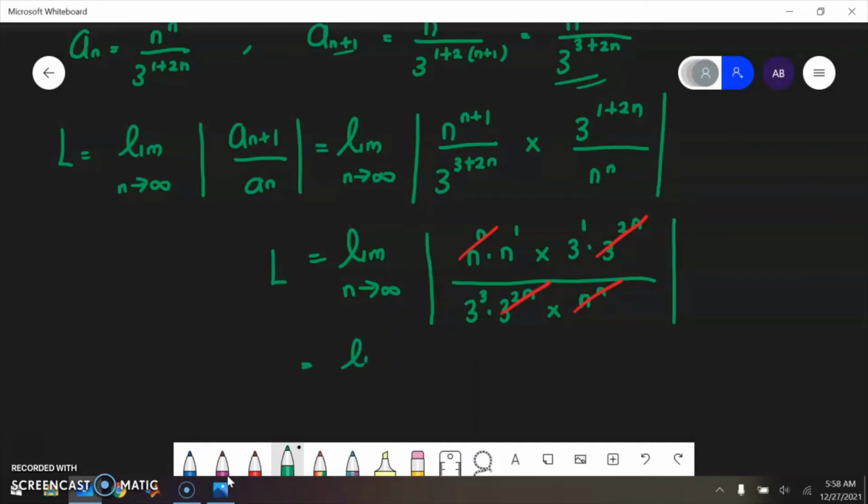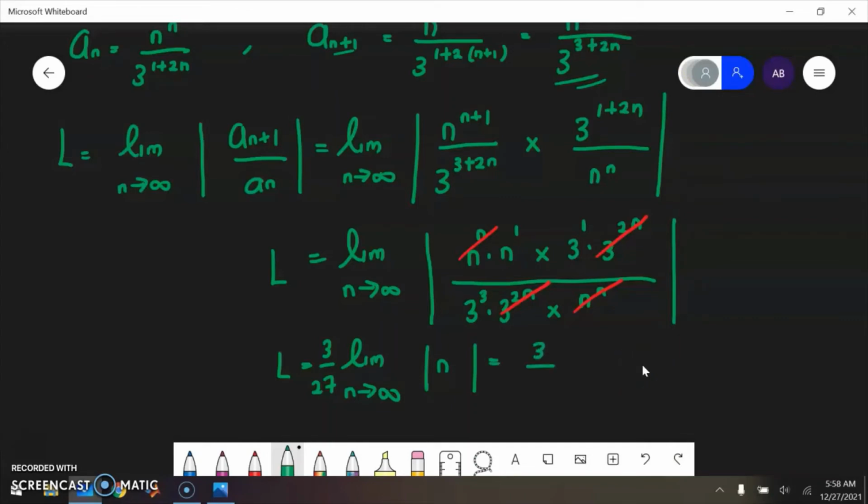That leaves you with L equals the limit as n approaches infinity of 3 over 27. Obviously, I can write 3 over 27 times n to the n, because n to the power of 1 is n. So what happens when n approaches infinity? Well, you will have infinity.